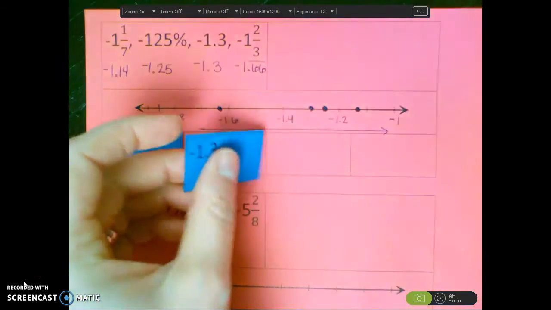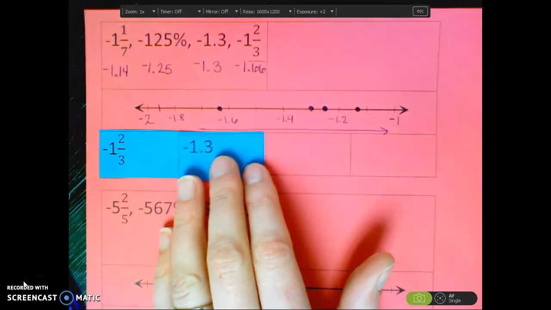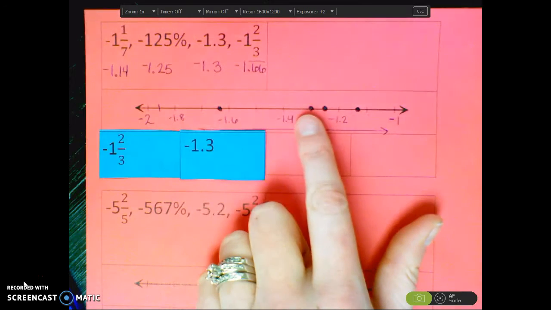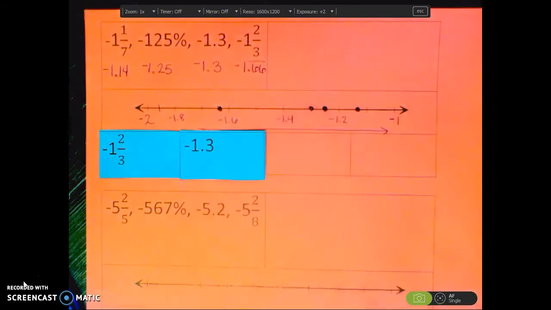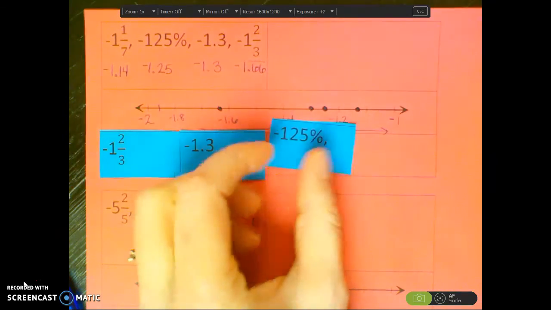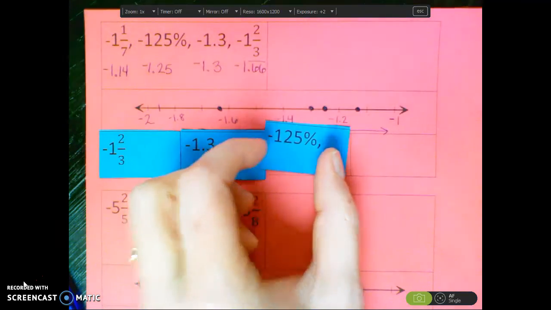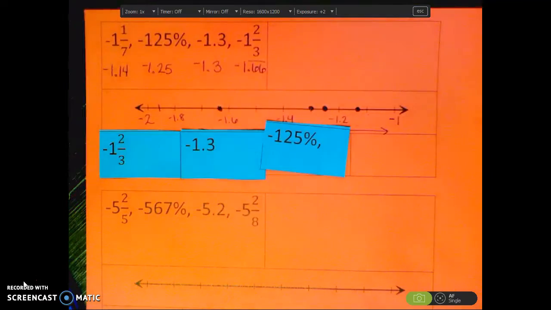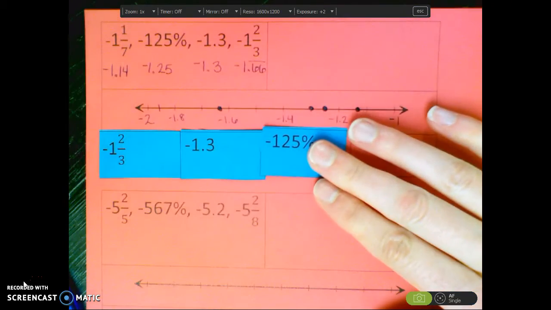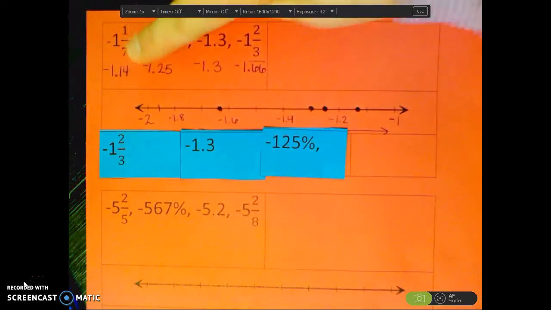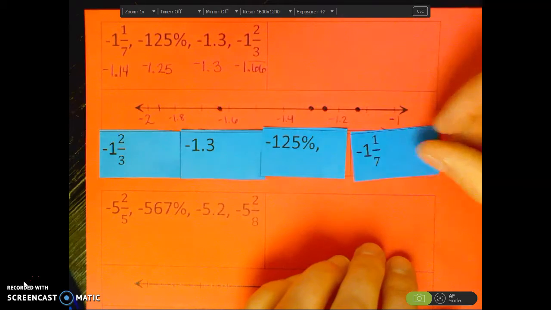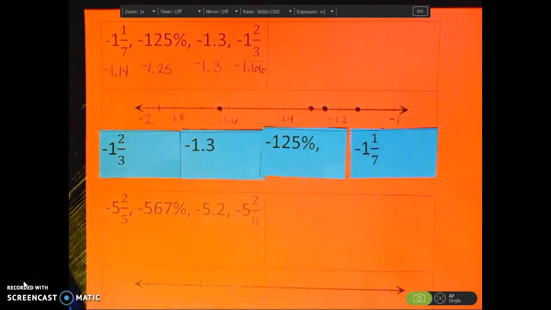I'm going to take that and glue that right here. Next is the negative 1.25. That was negative 125%. So I'm going to take that, glue that right here. And lastly, the negative 1.14 or the negative 1 1/7. Remember, you want to put them back in their original format.